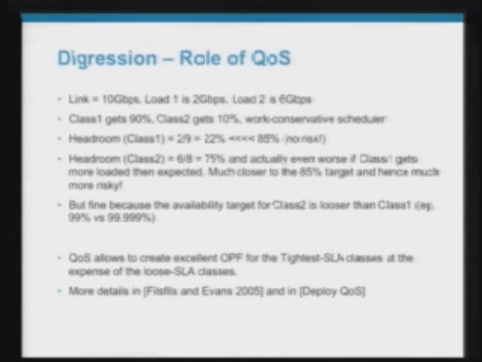So in effect, only 2 out of the 9 is used up for the first class, and you have 75–85% headroom, which allows for all sorts of unexpected things that happen. You might be planning for one train to derail, but now you can have one train derail and have a flood at the same time elsewhere, and this service would remain effective. It basically just makes life easier, and this is perfectly reasonable, especially if class 2 has looser SLA requirements.